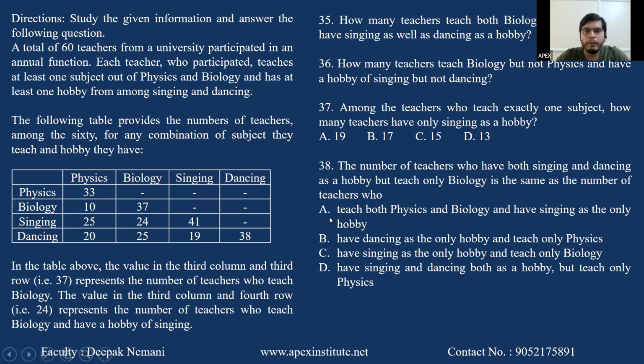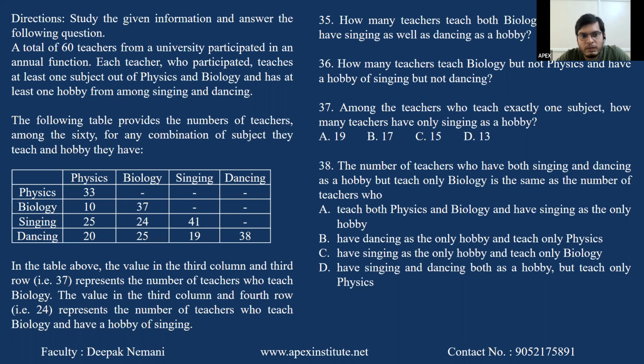Now, coming to the second set. Study the given information and answer the following questions. A total of 60 teachers from a university participated in an annual function. Each teacher who participated teaches at least one subject out of physics and biology and has at least one hobby from among singing and dancing. The following table provides the number of teachers among the 60 for any combination of the subject they teach and the hobby they have.